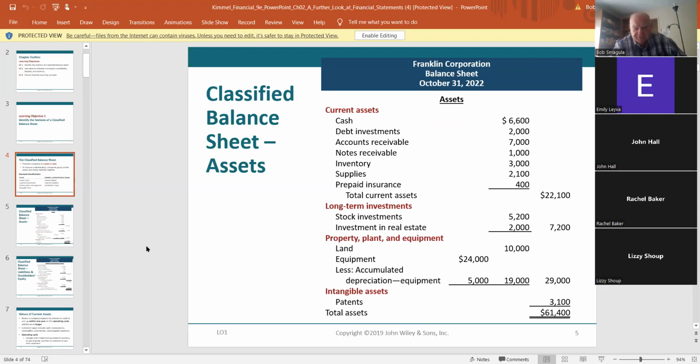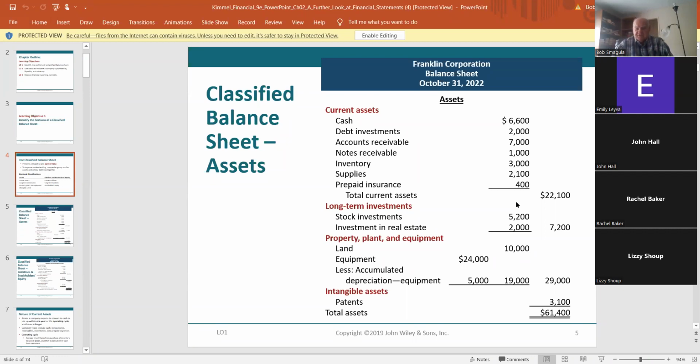Your assets, as you can see here, total $61,400. Notice that you have 4 or so subtotals. Current assets total 22,100. A current asset is any asset that we're going to use up within a year, or the operating cycle, whichever is longer, but typically a year.